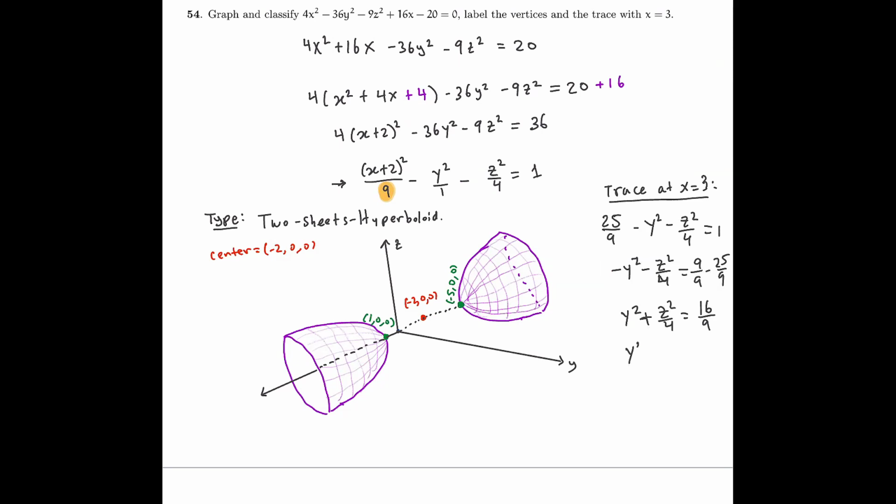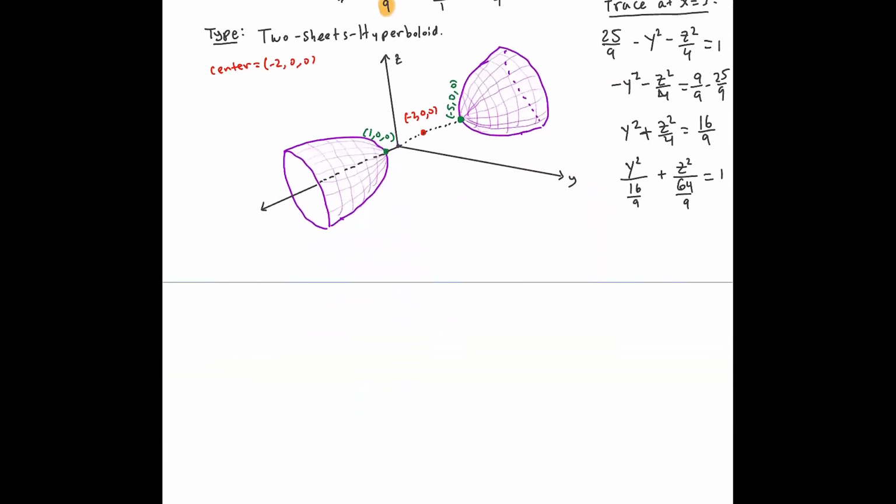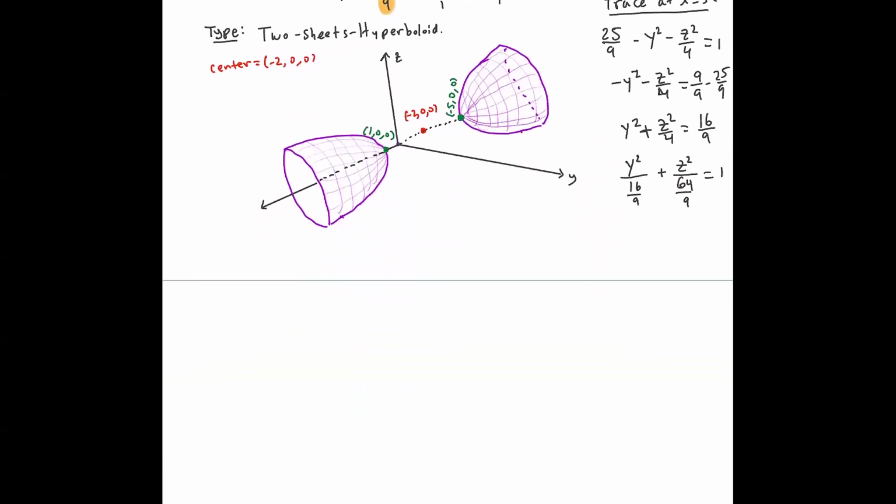So you get y squared divided by 16 over 9, and then plus z squared divided by 64 over 9, equals 1. So this is an ellipse. To clarify that, we'll get an ellipse in the YZ plane.